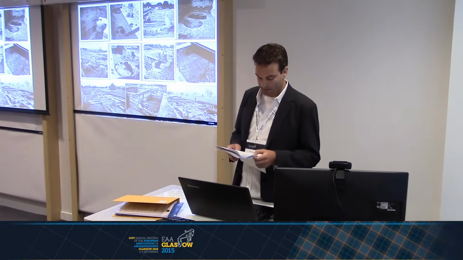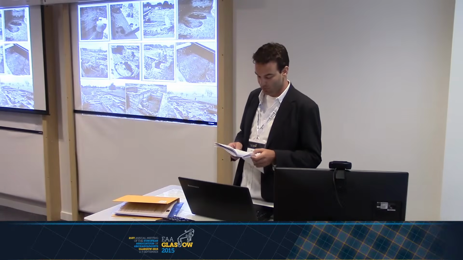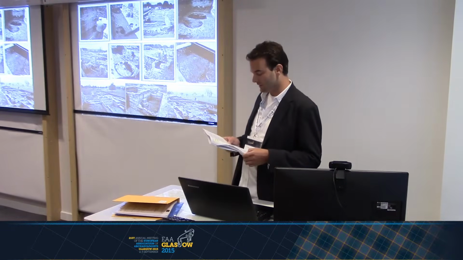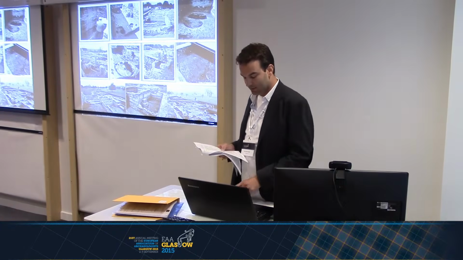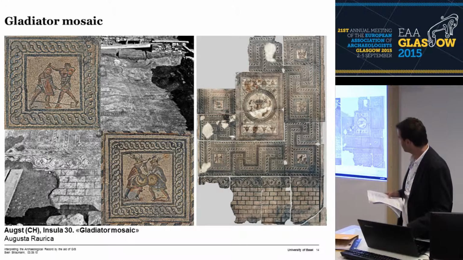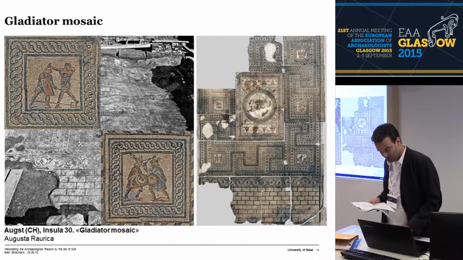As a result, the insula represents an extremely valuable archaeological source with great research potential. Some outstanding discoveries were made during the various excavation campaigns, including the gladiator mosaic in the dining room and the Mediterranean-type kitchen adjoining it.